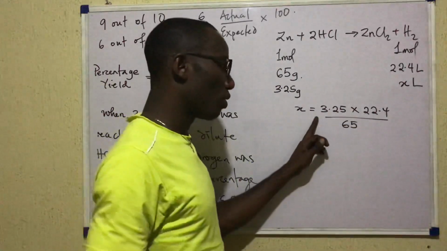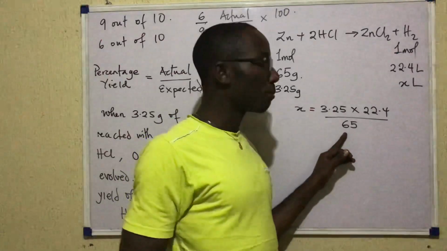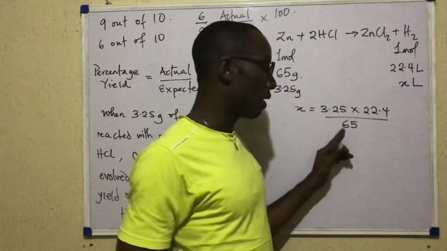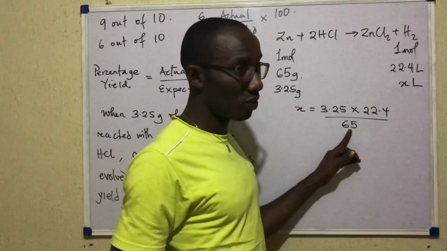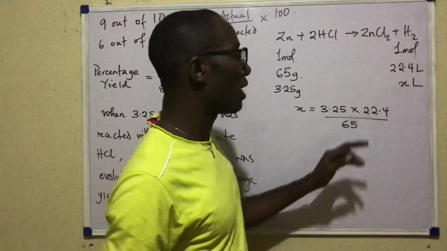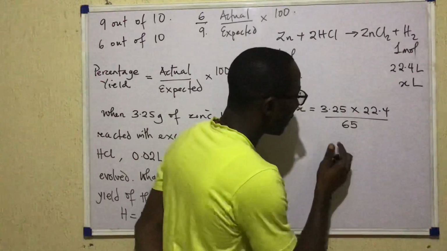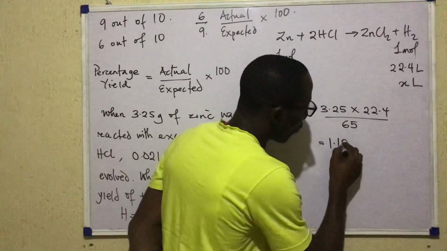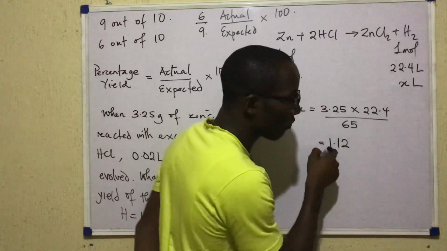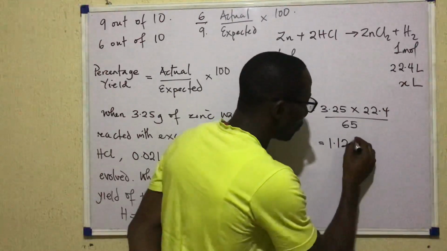Now if this were to go there, like we say, you get 20. Yeah, 3.25 times 20 gives you this. And it means therefore that your 22.4 would have to be divided by 20 as well, and that gives us 1.12. 22.4 divided by 20 is 1.12 liters.